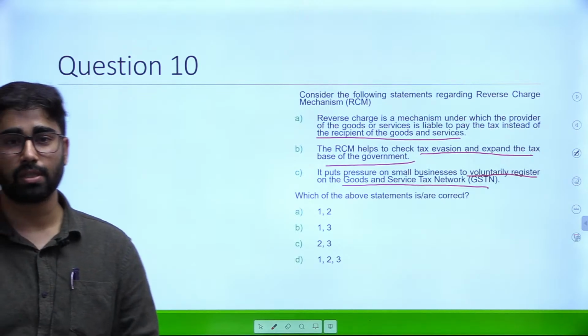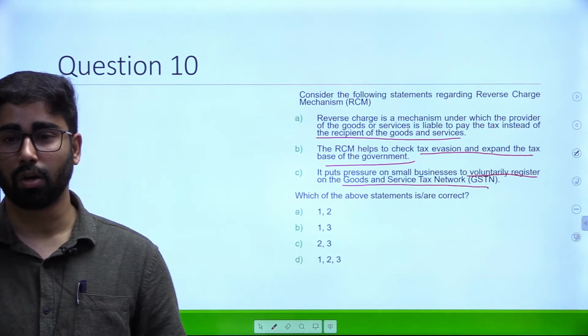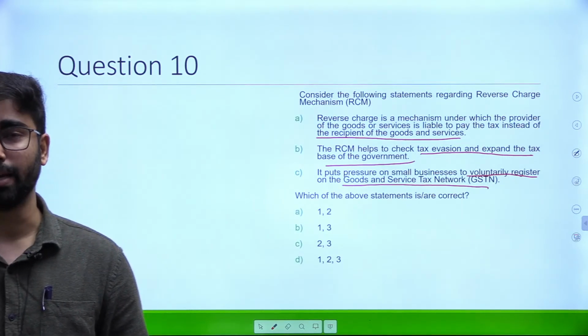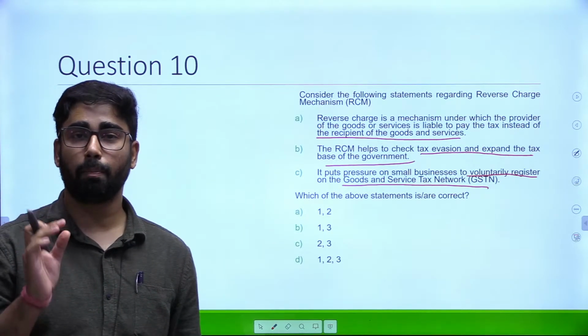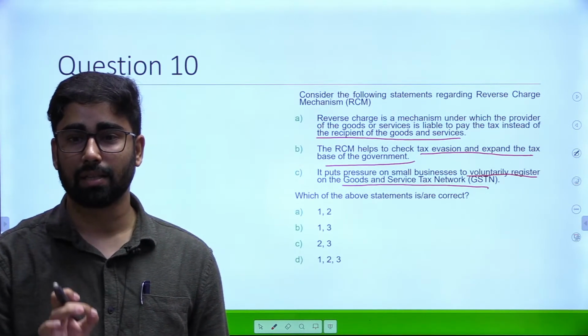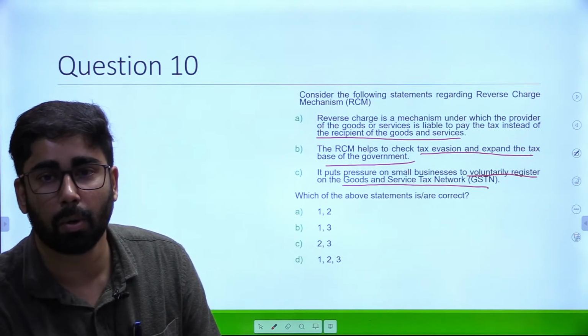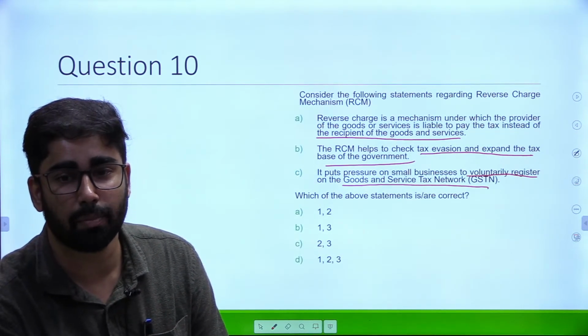Now tell me which statement is correct. We already talked about what the reverse charge mechanism is. If you know the concept behind it, you can answer this question very easily.